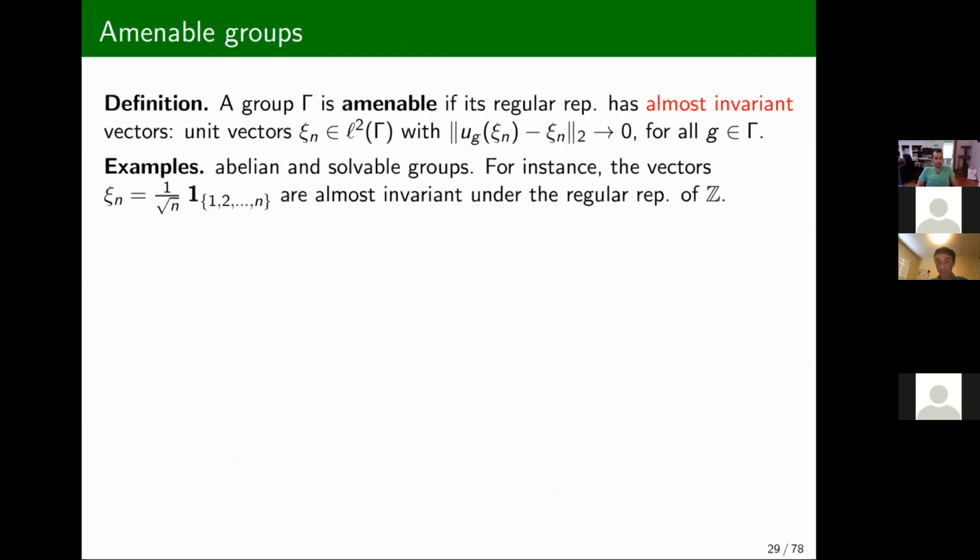And examples of amenable groups include abelian and, more generally, solvable groups. So in particular, the group of integers Z is an amenable group.